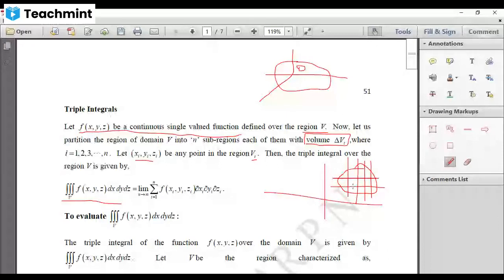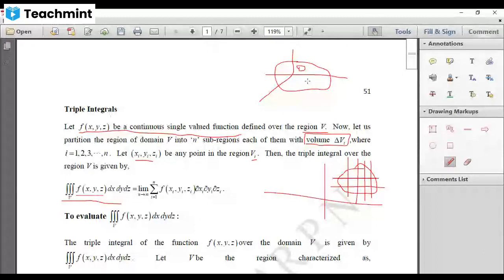Using that fact, as the limit goes to infinity, the diameter of this region becomes 0, so that you get the integral of f of xyz over that region. In the same manner we are doing the partition of this.